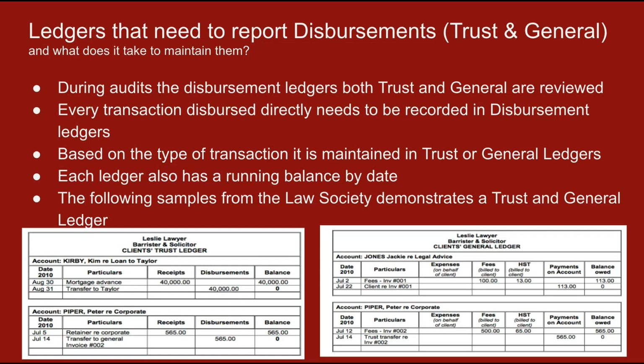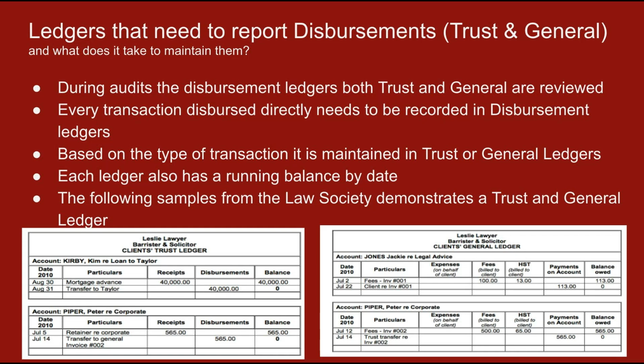Now, in this case, let's just talk about ledgers. What you're adding into your books, into the respective client's matter, is what is converted into ledger in uLaw, right? So let's take, for example, trust ledger on the left-hand side and general ledger on the right-hand side at the bottom. In the trust ledger, you see there's money that comes in.